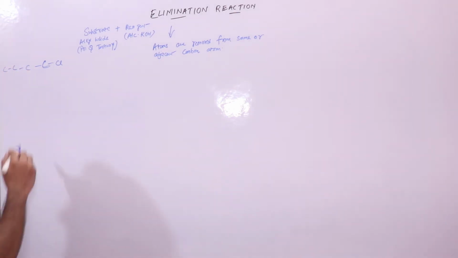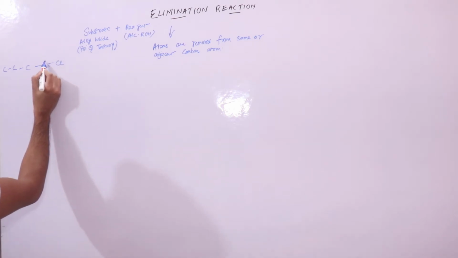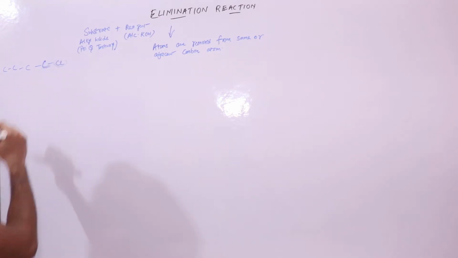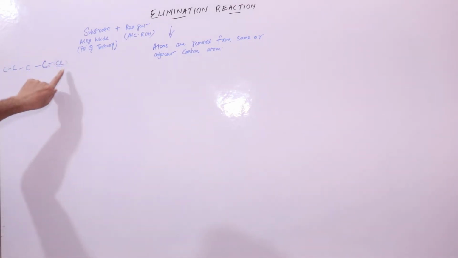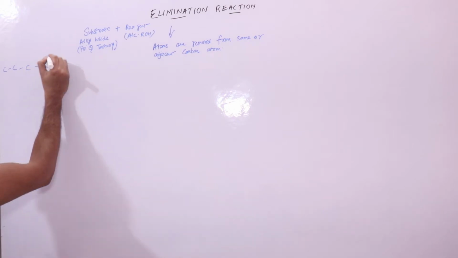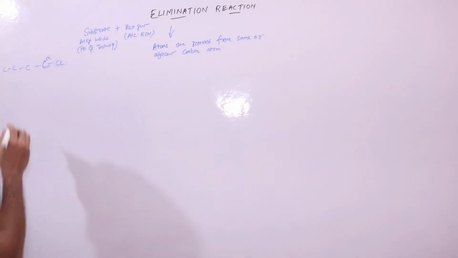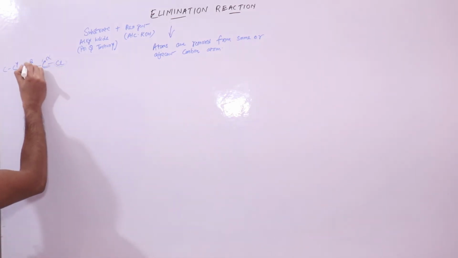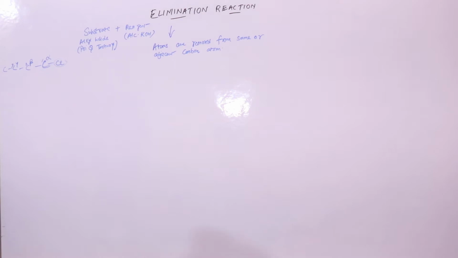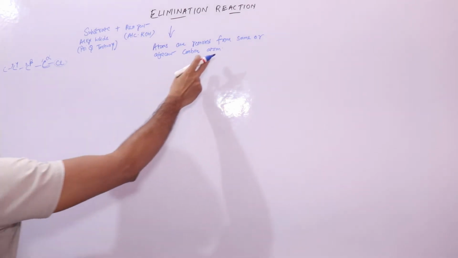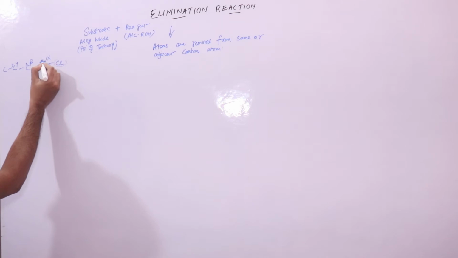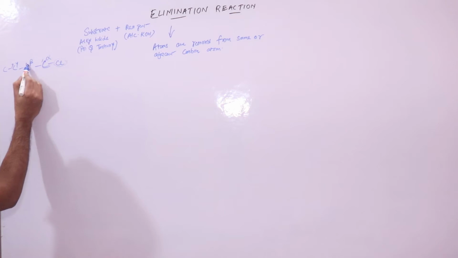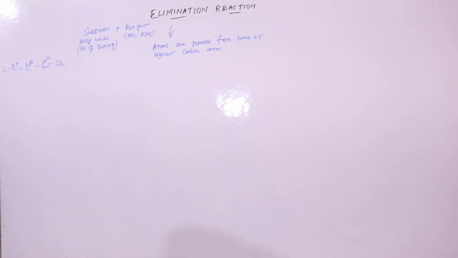If this is the compound, an alkyl halide contains a carbon atom where the halide is directly attached to carbon. The carbon atom to which the halide is directly attached is your alpha carbon atom. As you keep moving in this direction, this is your beta, this is your gamma, or 1, 2, 3 carbon atoms. Atoms would be removed either from the alpha carbon atom only, or from alpha and beta, or alpha and gamma carbon atoms.